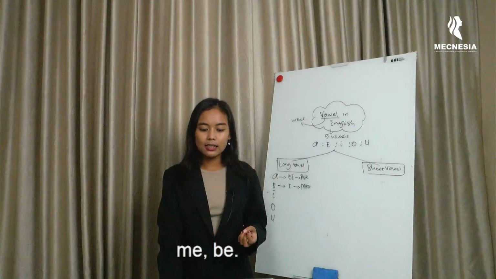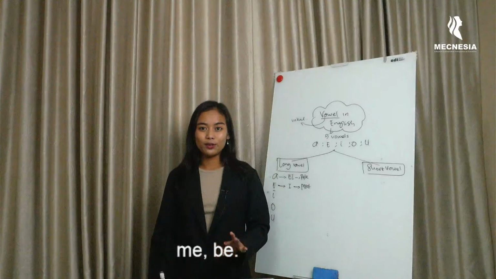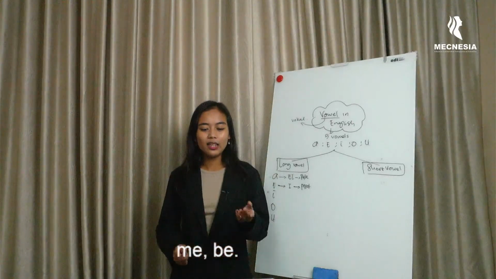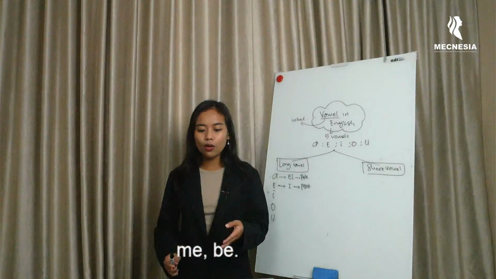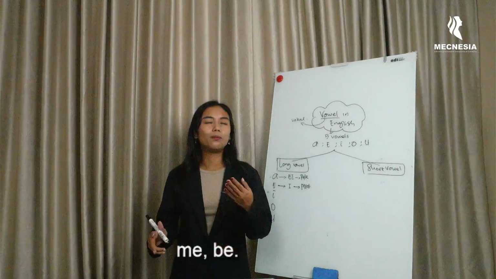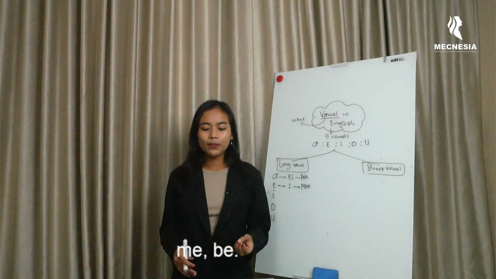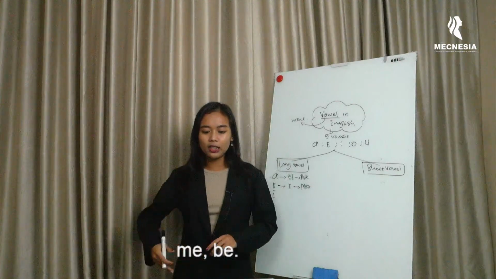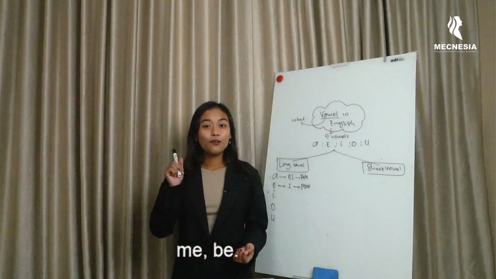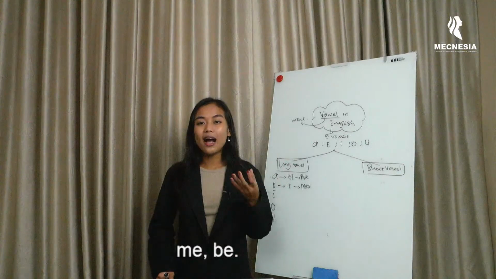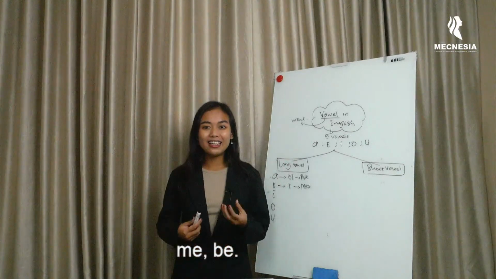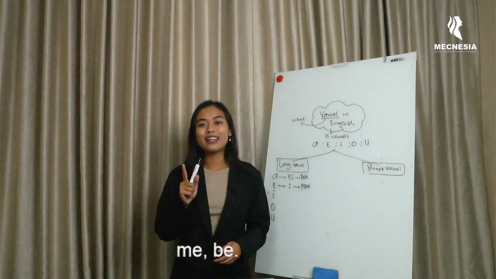Next one is the D rule. Aturan yang D. It is when the E is followed by Y in the end. Jadi ketika huruf E-nya diikuti oleh huruf Y di akhir. For example, like in the word monkey. Monkey. One more time.